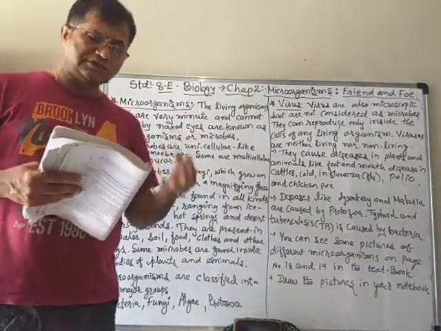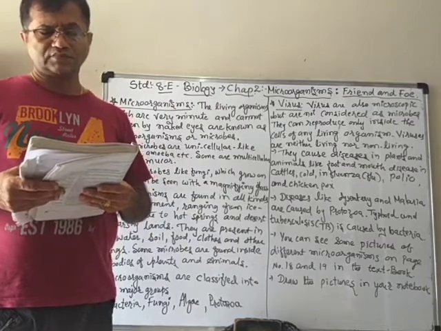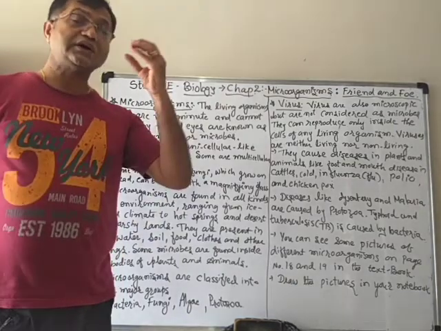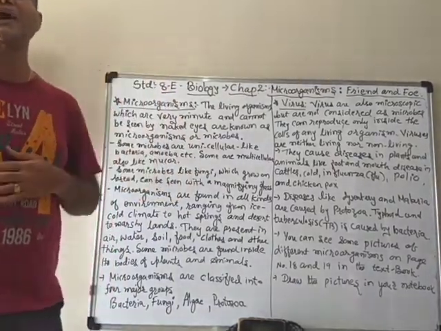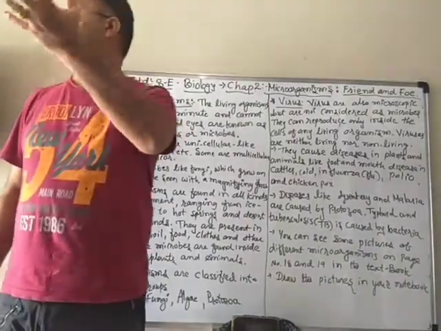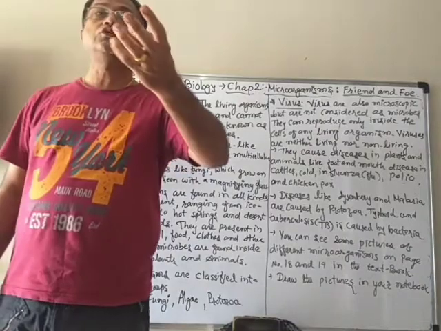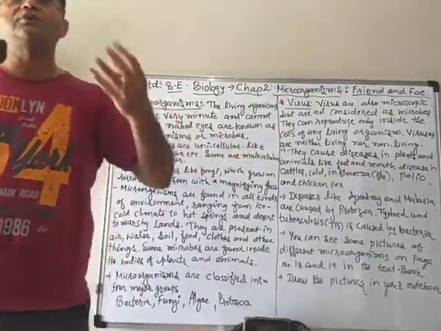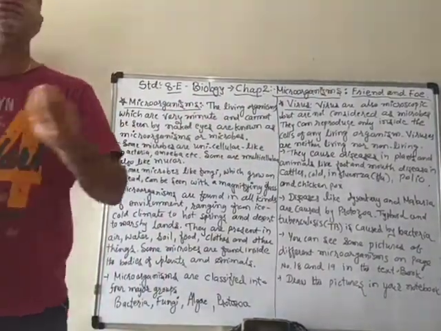Now these microbes cannot be seen with the unaided or naked eye, meaning we cannot see them directly, just like we see animals like cow, dog, cat, or human beings, or the different trees and plants.